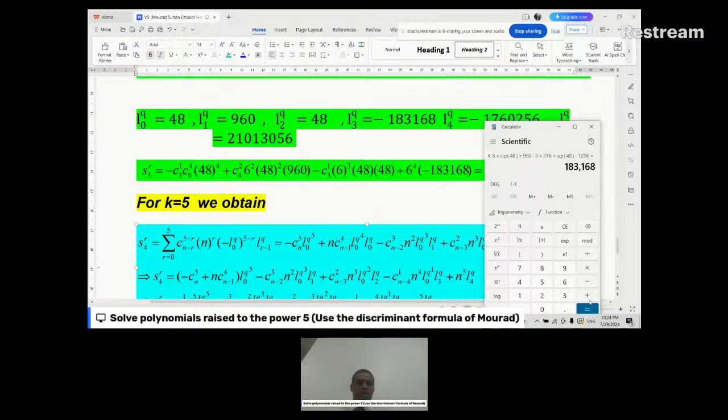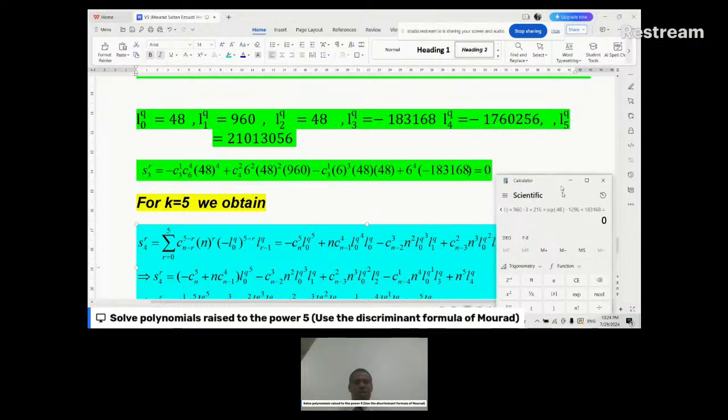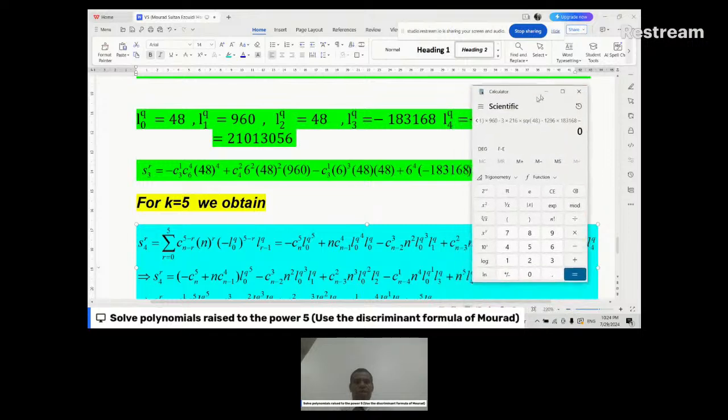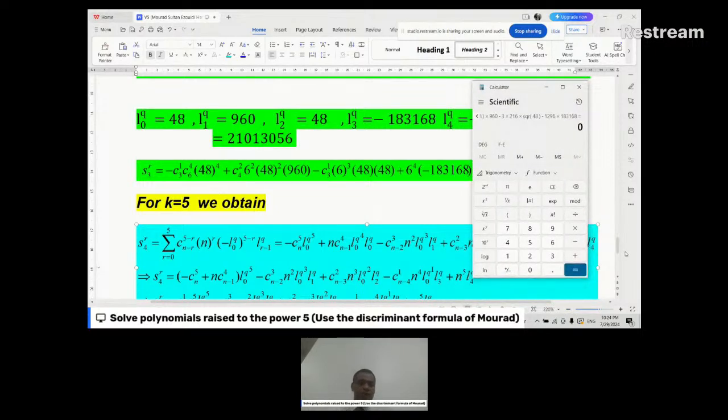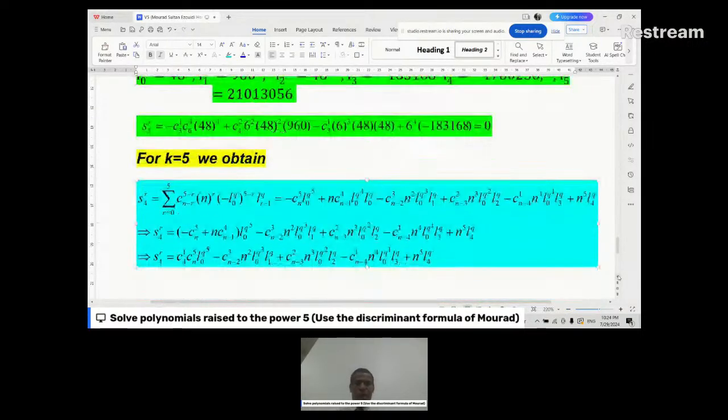This one is equal to 0. You see, the value of S3 is 0. Now I'm going to focus on the value of S5.